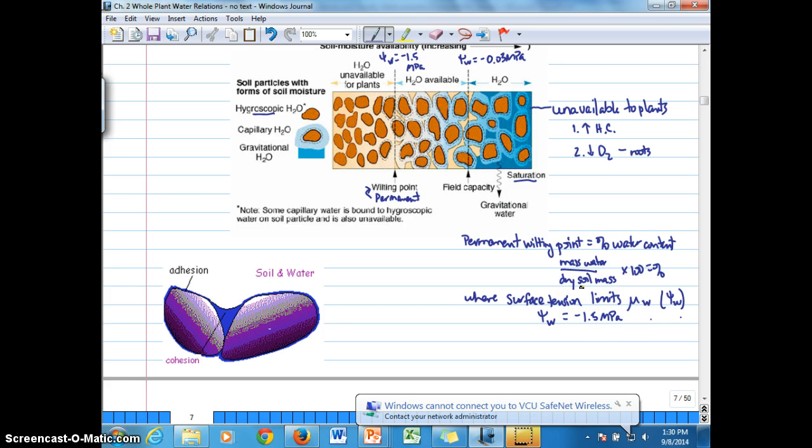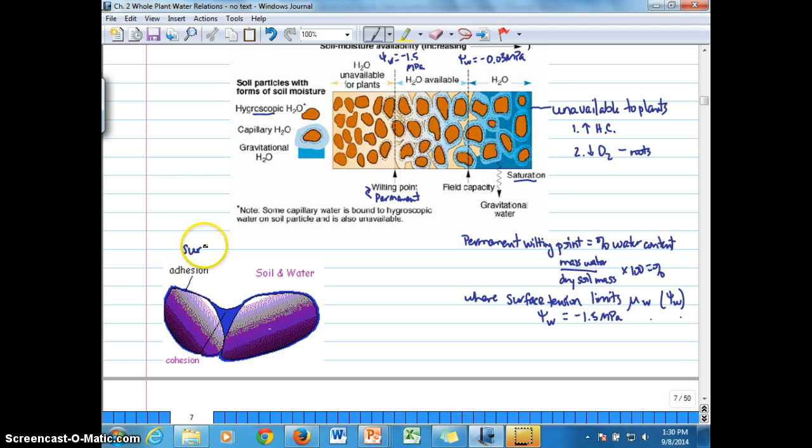So over here on the left, we can see a diagram that helps illustrate surface tension between two soil particles. Here's a soil particle, a soil particle here, and there's bound water attracted to the surface of the soil particle by adhesive forces, or hydrogen bonding between water and the surface of the soil.